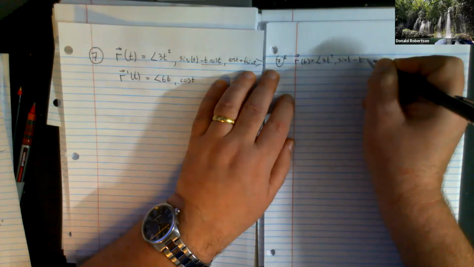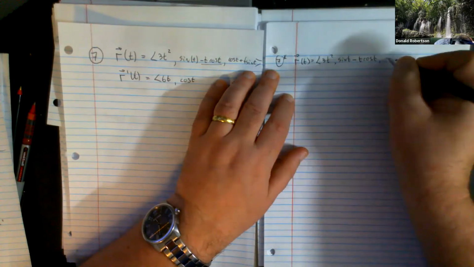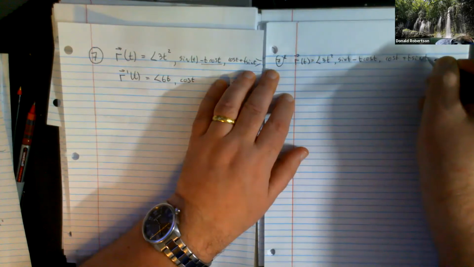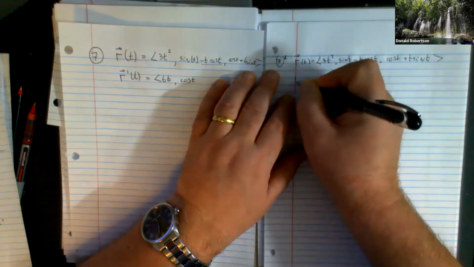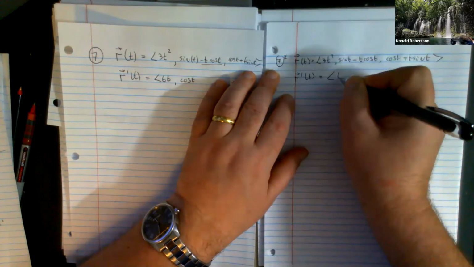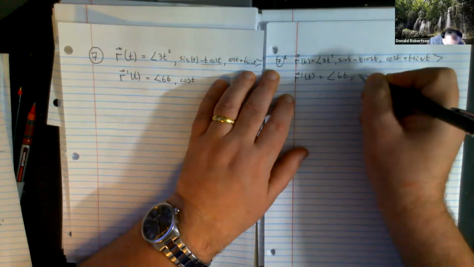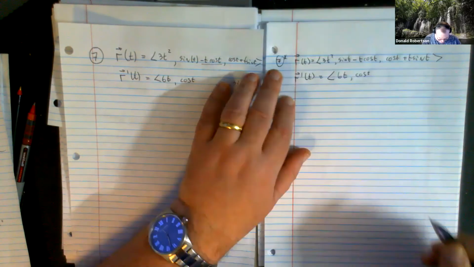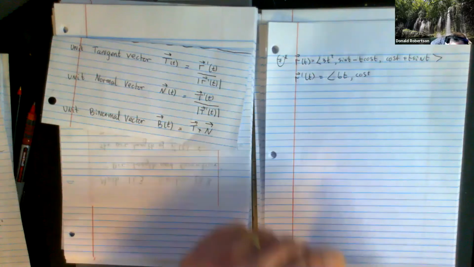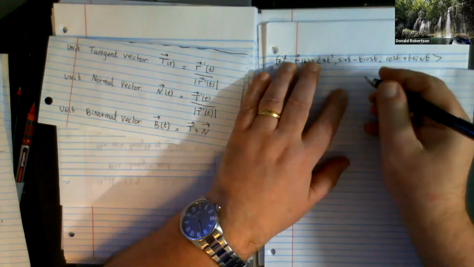You don't need to write this, I'm just repeating everything again because I need more lines. Right, now I can do it. Differentiate 3t squared, you get 6t. Differentiate a sine, you get a cosine. Our first hiccup: I need to differentiate negative t cosine t.